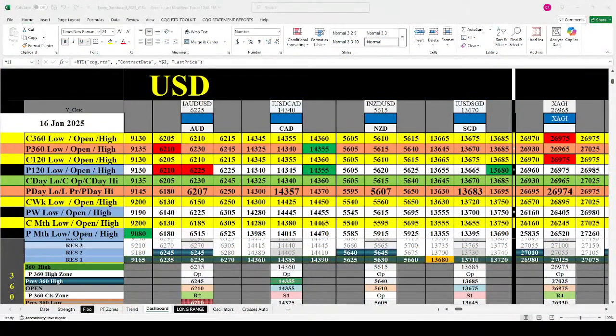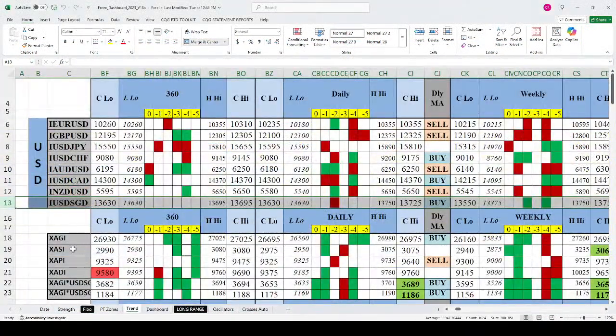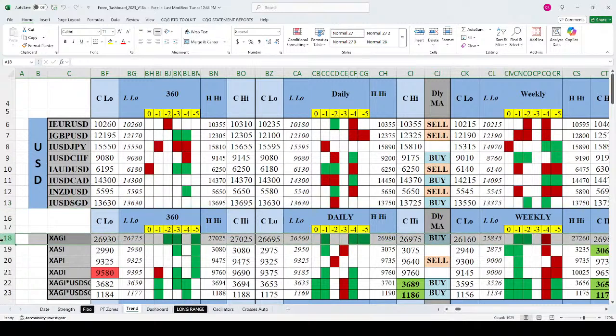Okay, finally we come to gold. Gold is really giving us a trick. The market on the 6 hours is flat with an upside bias, and we have 3 consecutive up closes.